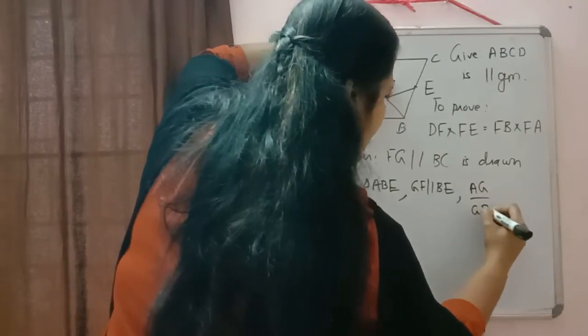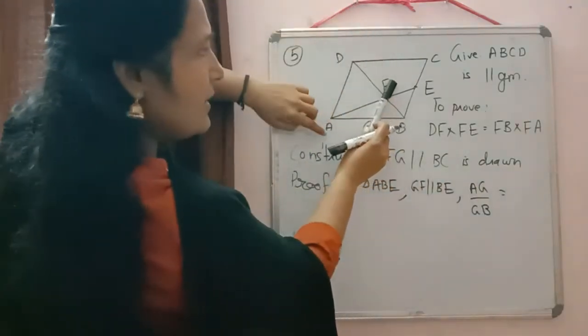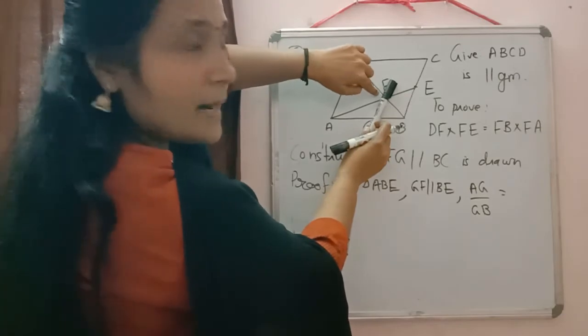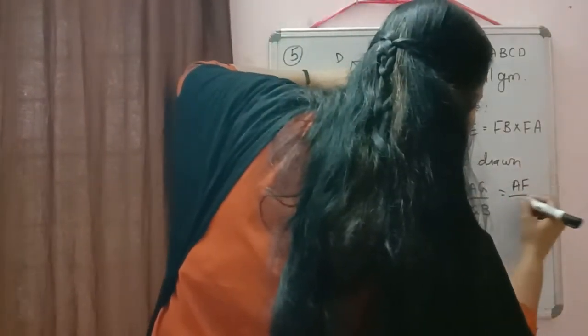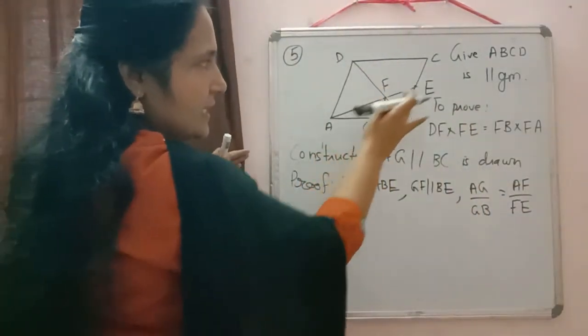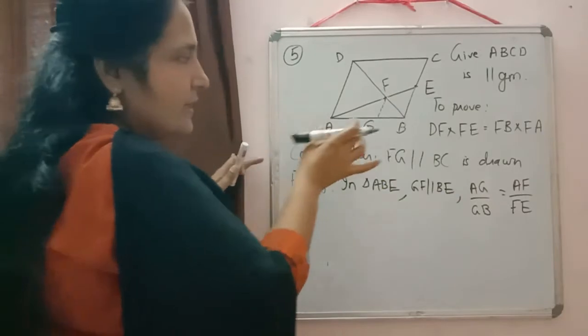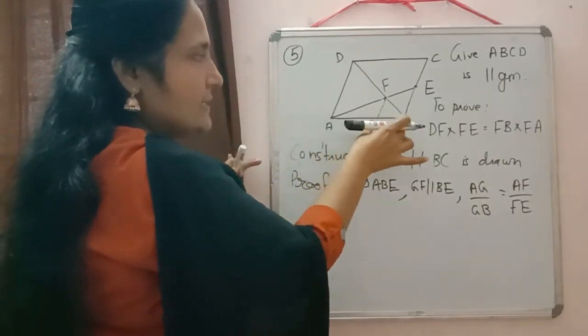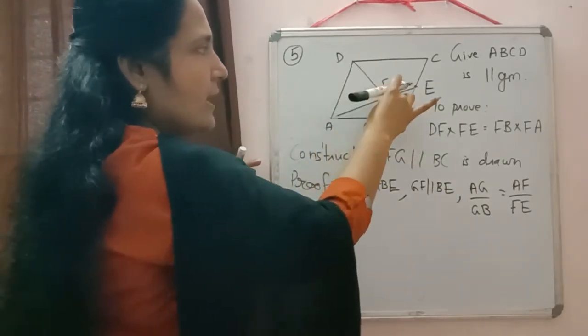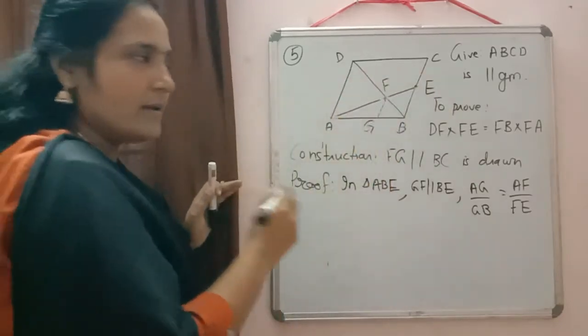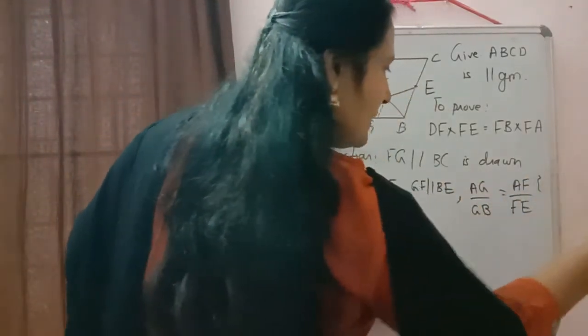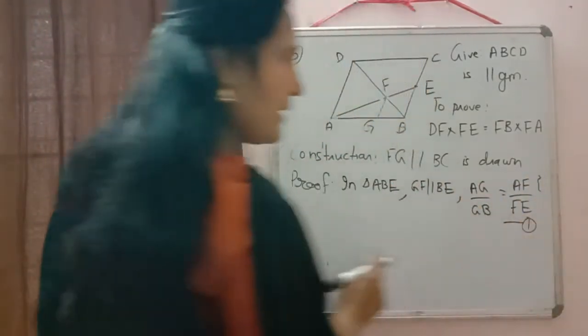AG by GB will be equal to AF by FE. Again, FG is parallel to BE. Therefore, AG by GB is equal to AF by FE. The reason you can write is BPT, and make it equation number 1.